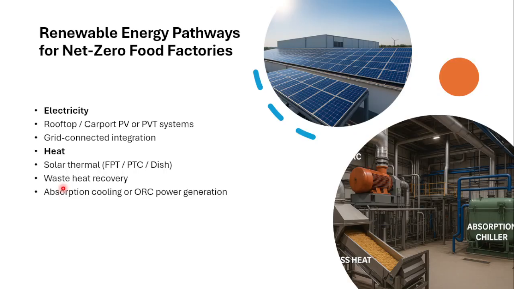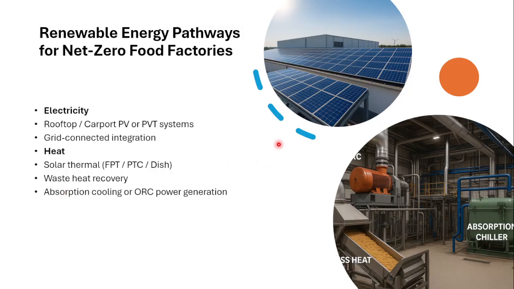Food factories release a lot of heat from the refrigeration units, ovens, and exhaust systems. This waste heat can be recovered and reused for hot water, space heating, and even cooling through an absorption system. This greatly improves the overall energy system.